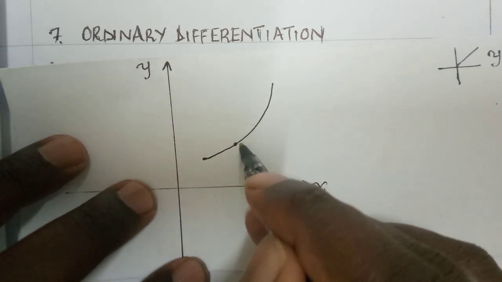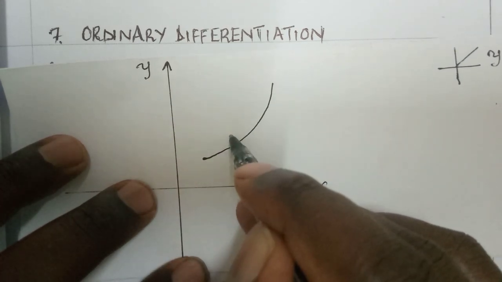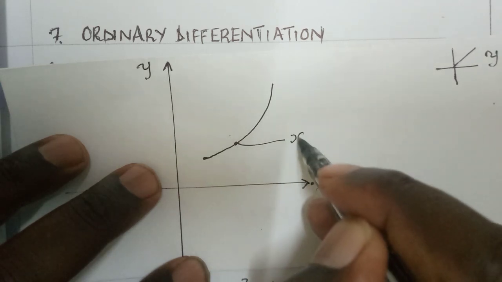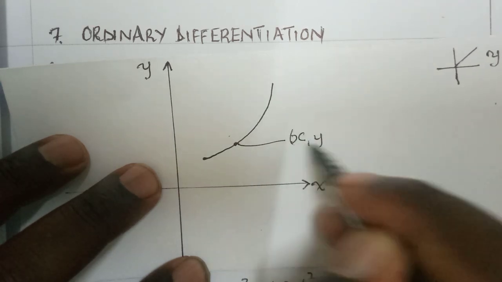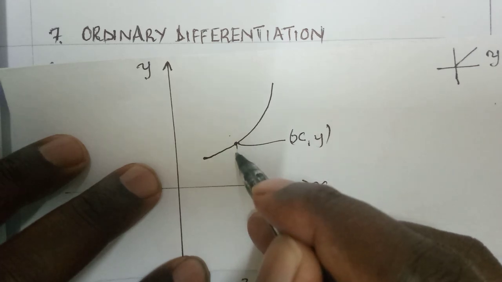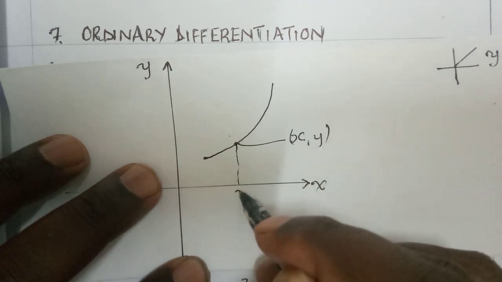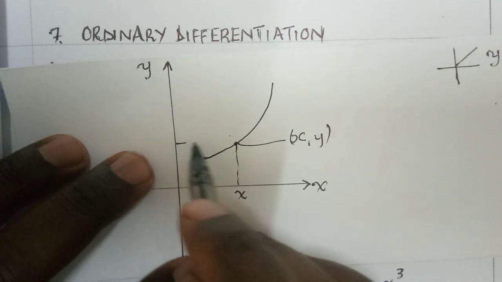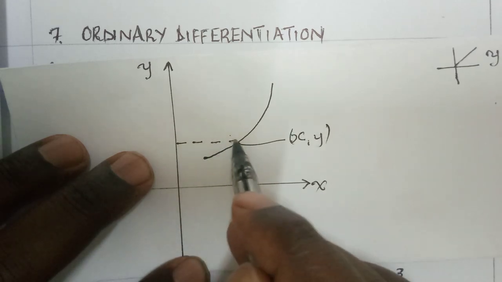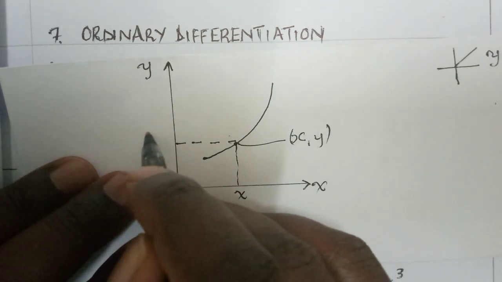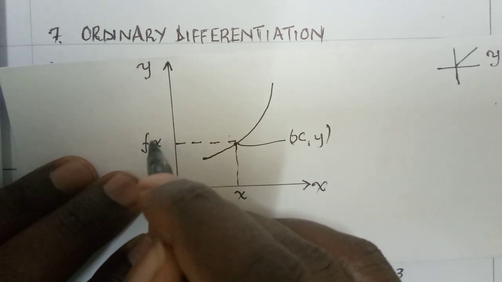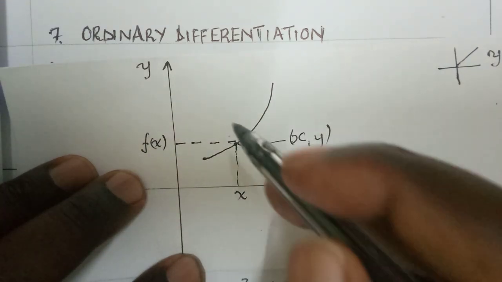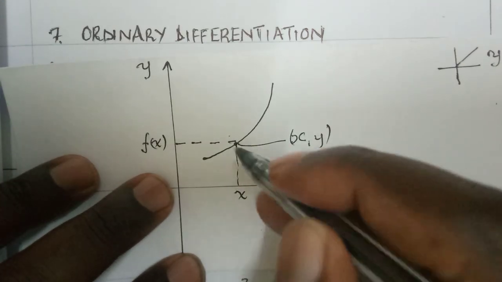Let's say we have a point here. We call this point (x, y), where here we have x and here we have y. But now y we write as a function of x, which is f(x). Then we can have a small change here.